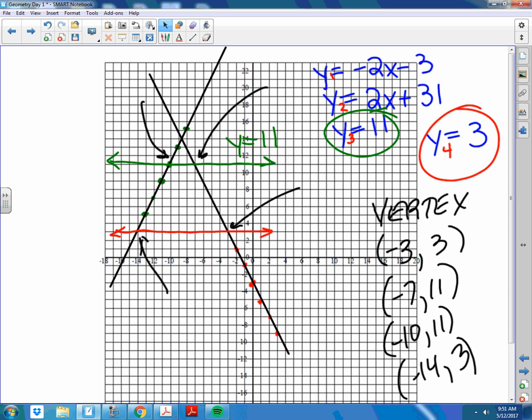Any questions on this? Any questions on how to graph the lines, find the vertices? Let me ask you a question, Joey. In a system, 2 lines, how many solutions are there?